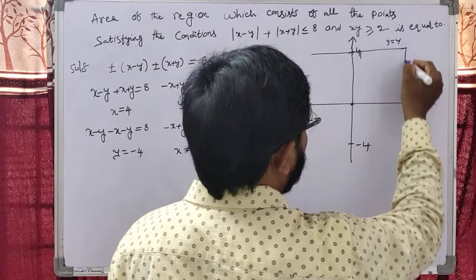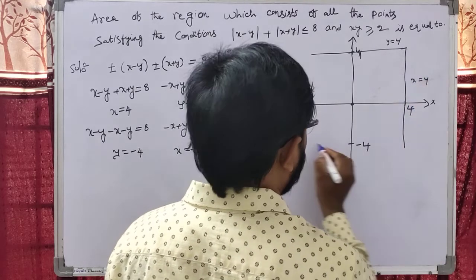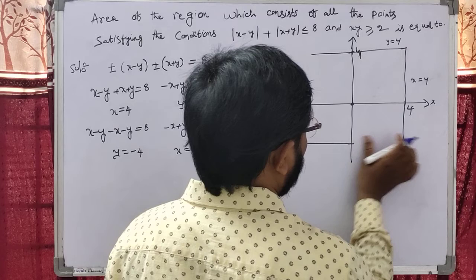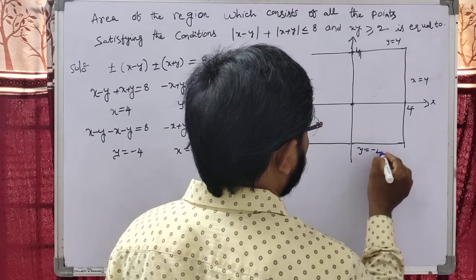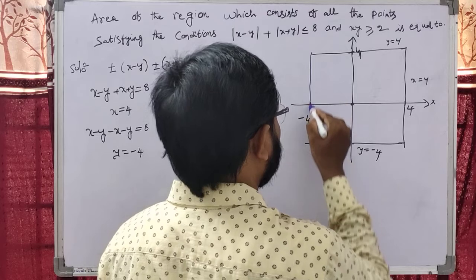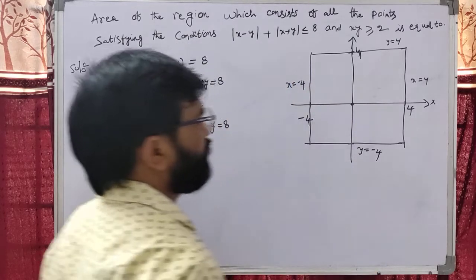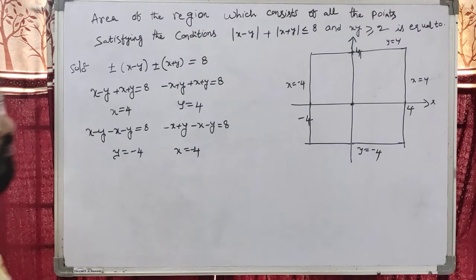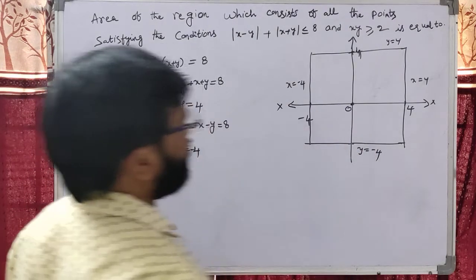This is the line x = 4. Therefore this is y = -4. Dear students, this is x = -4. This is the square. Okay, students, so we got the square.